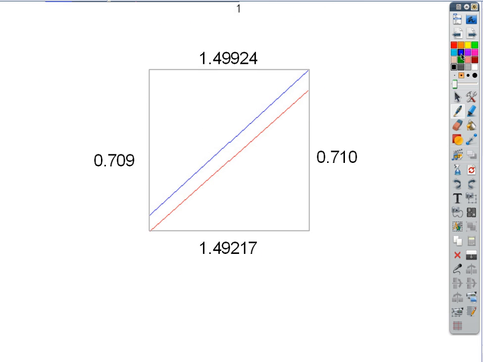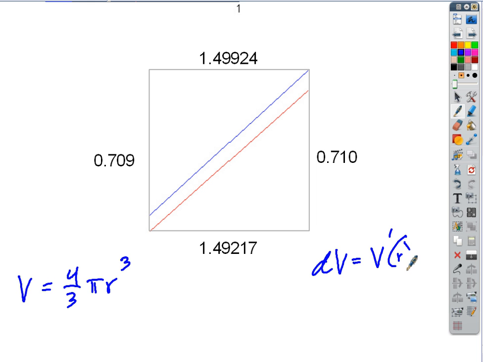So if volume equals 4/3 pi r cubed, then we want to find out what dV is. Isn't dV just going to equal V prime times dr?